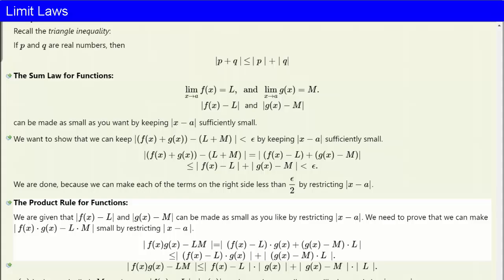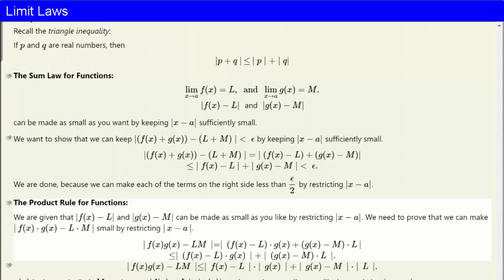But now you can use the triangle inequality on this new expression. And you get that f of x g of x minus Lm in absolute value, using this special way of writing it, is less than or equal to the quantity f of x minus L times g of x, in absolute value, plus the quantity g of x minus m times L in absolute value.